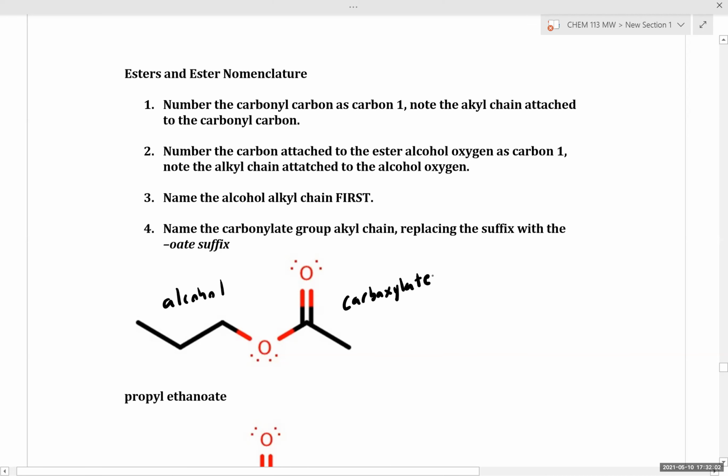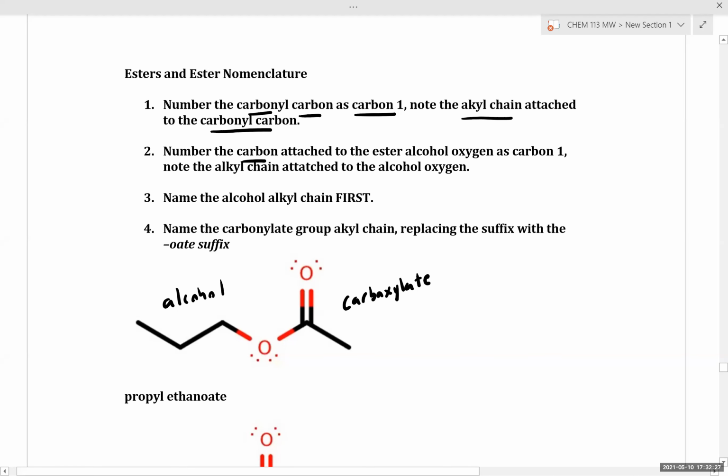And the reason why I think about esters in this way is because when you name an ester, you name the alcohol side chain, then you name the carboxylate side chain. So first, to name an ester, you number the carbonyl carbon as carbon 1. Then you note the alkyl chain attached to the carbonyl carbon.